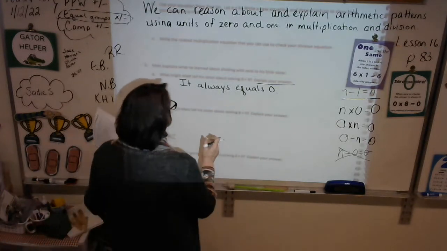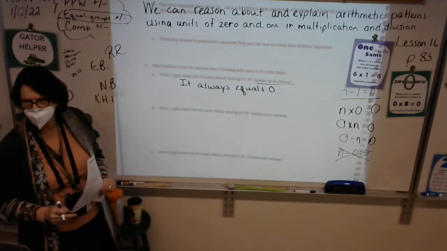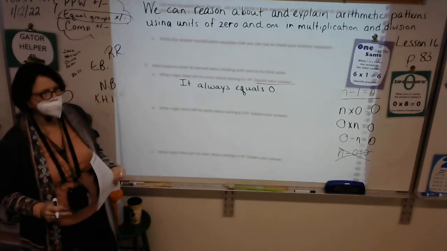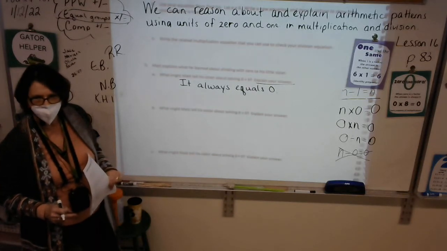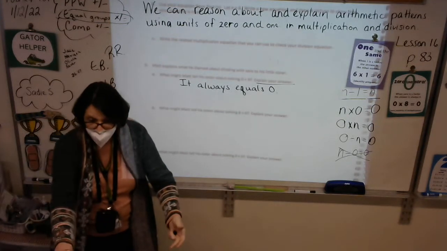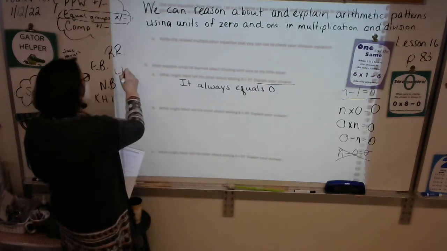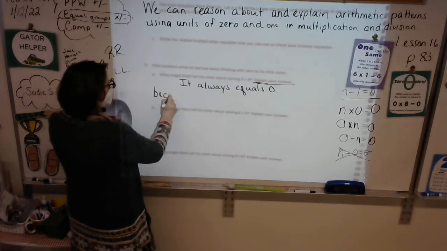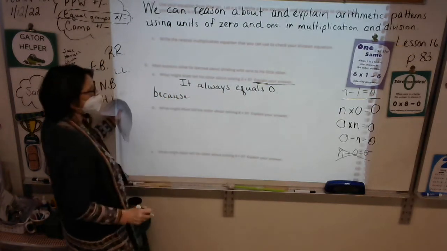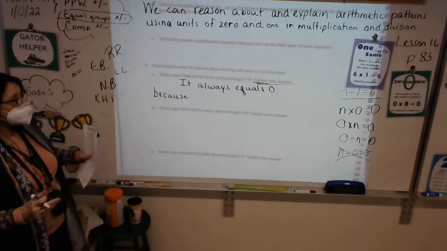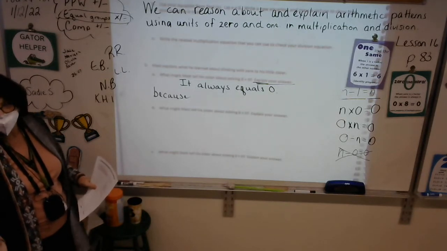So when we explain, does anybody know the word we use when we start to explain? We want to explain that. What word would we use? It always equals 0. Thank you, because when you explain, you want to use the word because. 0 divided by any number is 0.